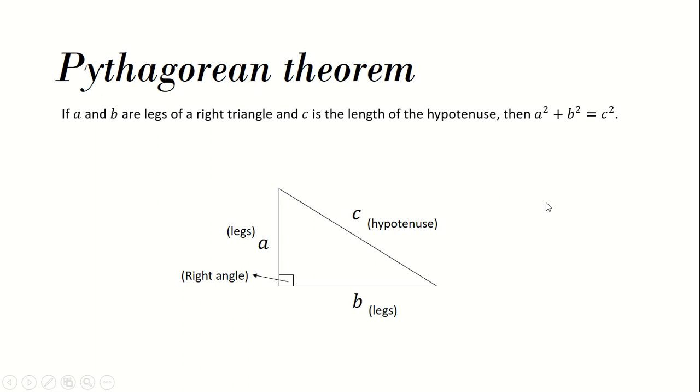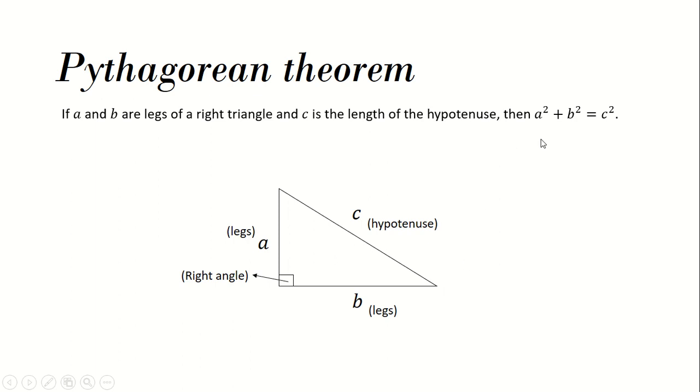We will also symbolize the hypotenuse as the letter C here and the legs as A and B. The placements of A and B are arbitrary, meaning this can be my B and this can be my A right here. But what's important is the side opposite the right angle is always the letter C, or always the hypotenuse.